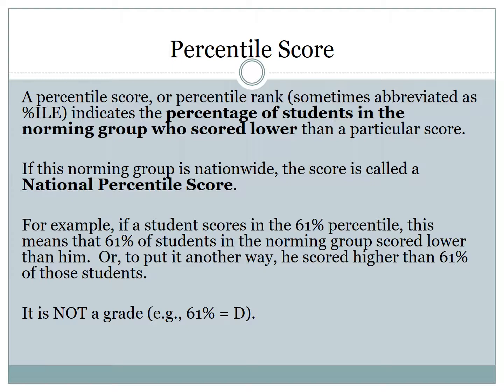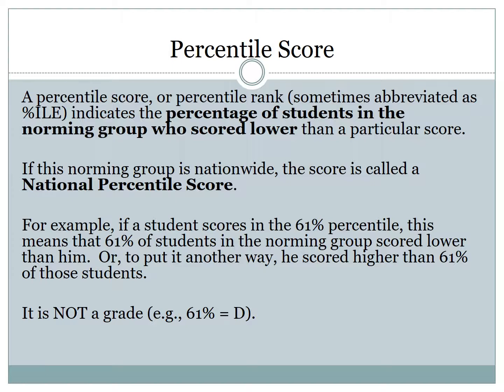If you see national percentile score, know that that standardized test was normed on a national sample of students. For example, if a student scores in the 61st percentile, this means that 61% of students in the norming group scored lower than him. Or to put it another way, he scored higher than 61% of those students.